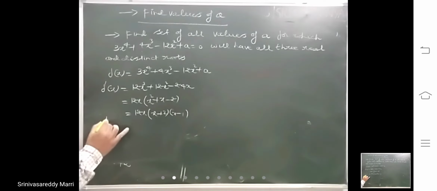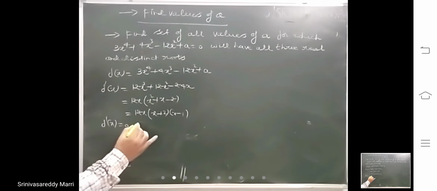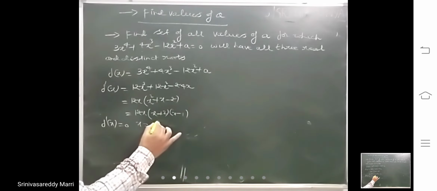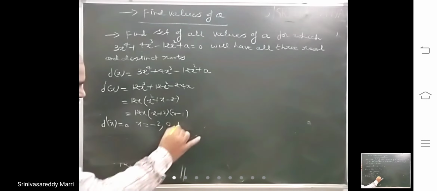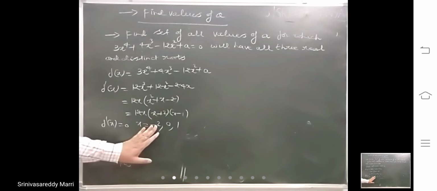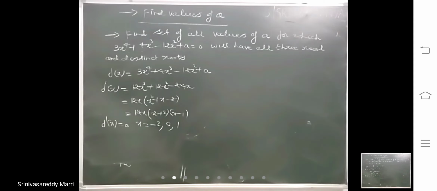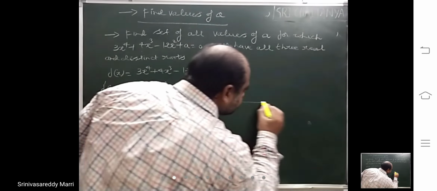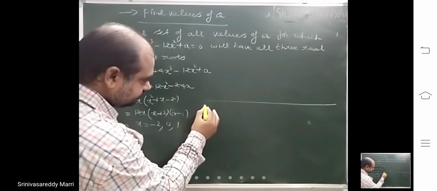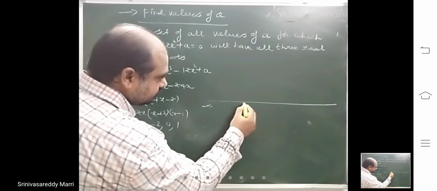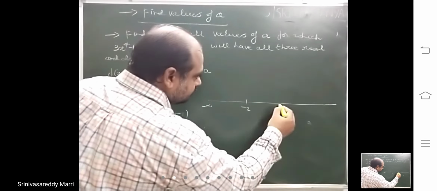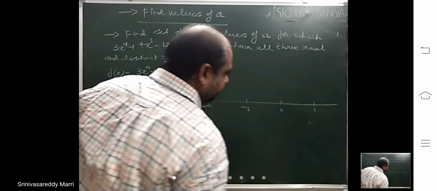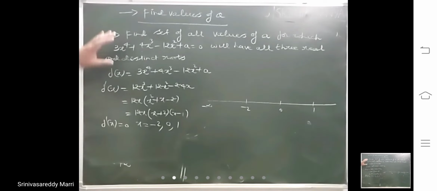Critical points. Critical points are what? Minus 2, 0, 1, right? So now he is telling it will have three real roots.